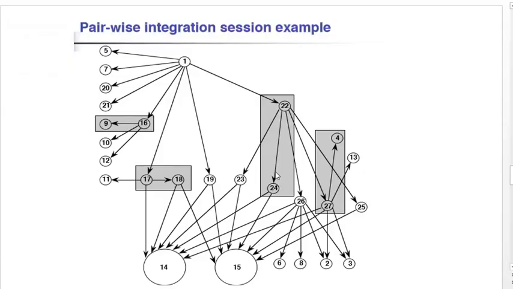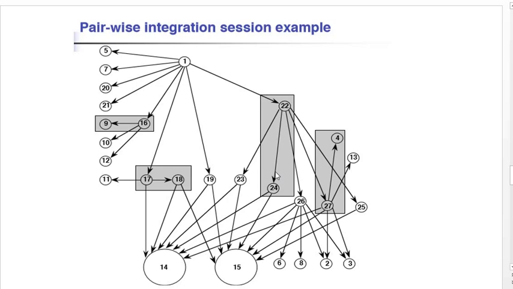So in the call graph we constructed previously, we are just taking a sample of the pairs. We are not considering all the pairs. Just to indicate a pair, 16, 9 will be there. Like this, pairwise integration has to be done between every calling vertex and called vertex.